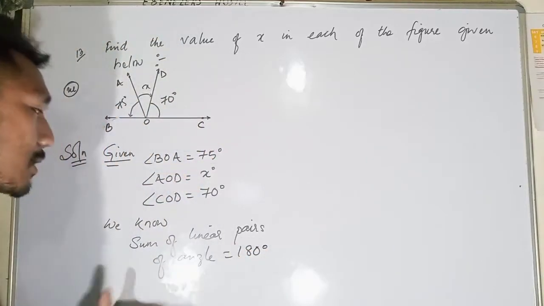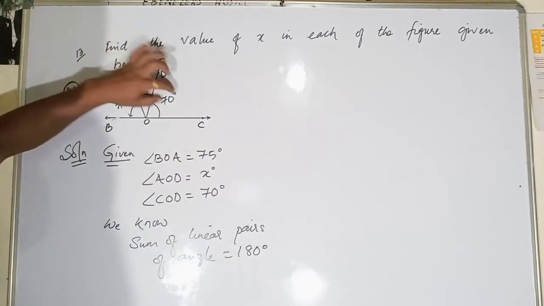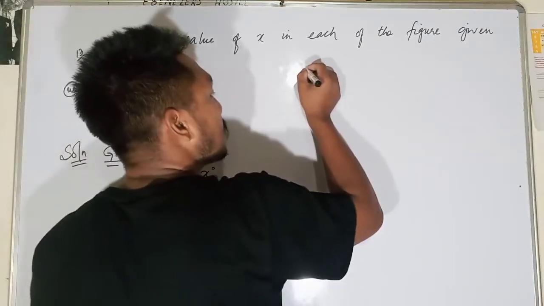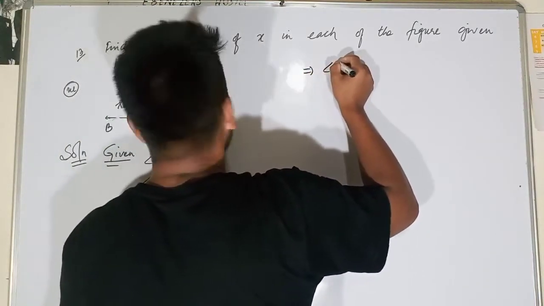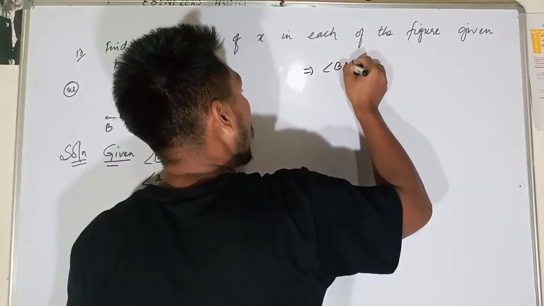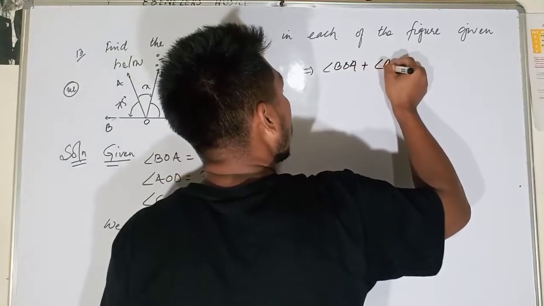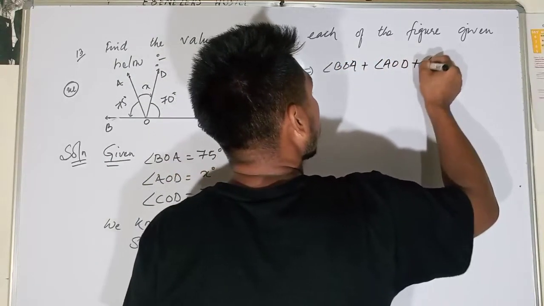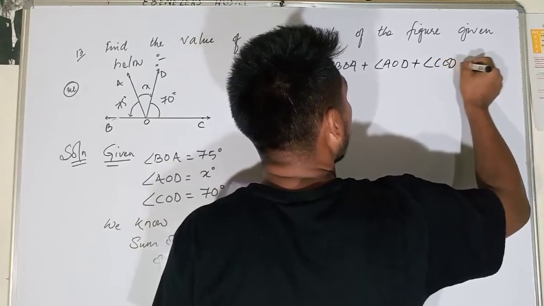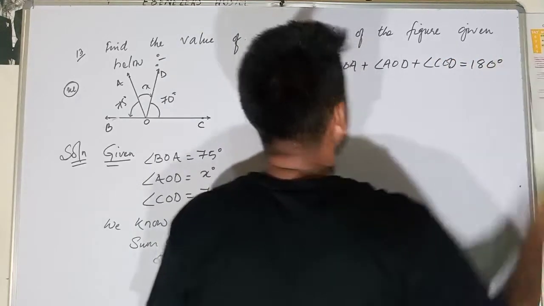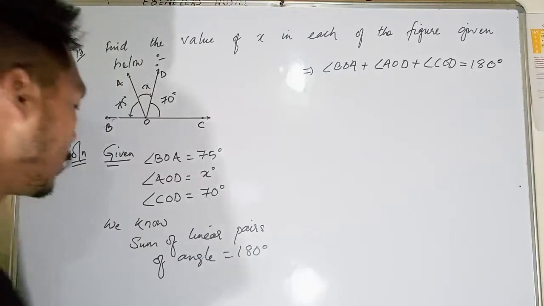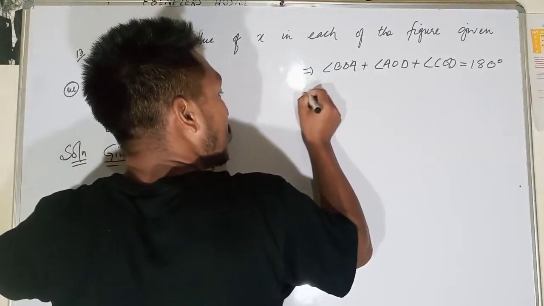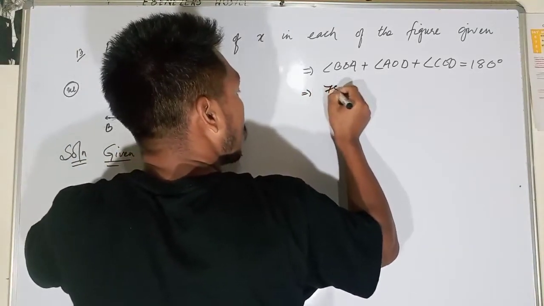So these are all linear pairs, lying on the same line, which implies that angle BOA plus angle AOD plus angle COD will be equal to 180 degrees.